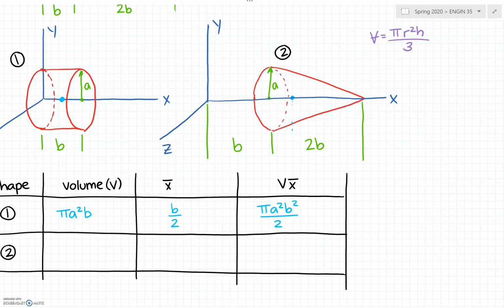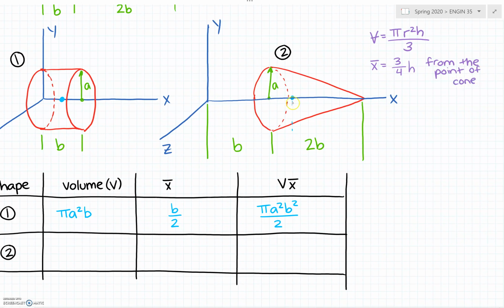The centroid of our cone we found in our previous problem, let's call this x bar, is going to be 3 over 4 h. And note, when we found that in our previous problem, that is from the point of the cone.